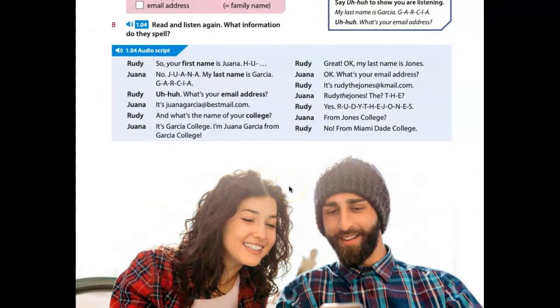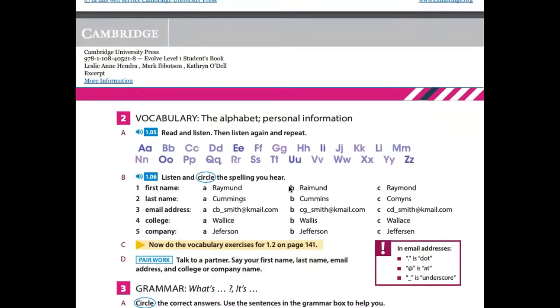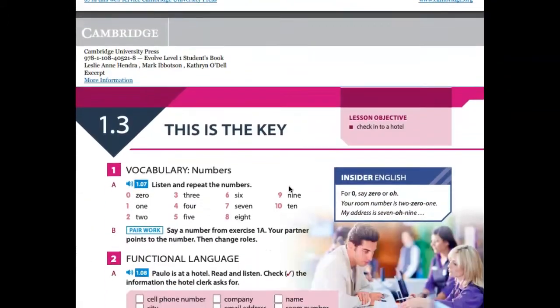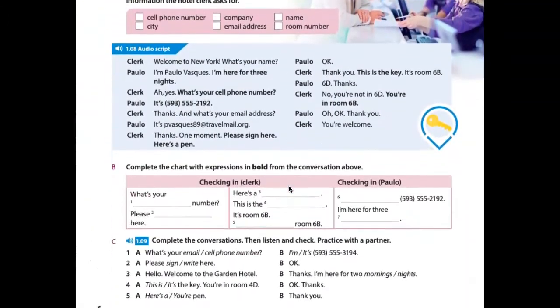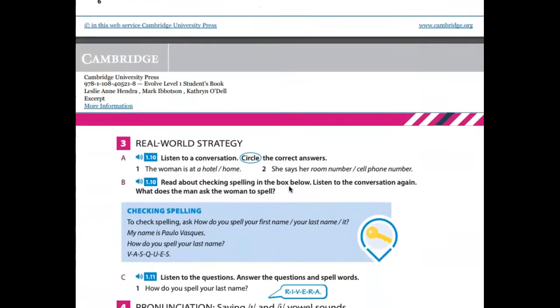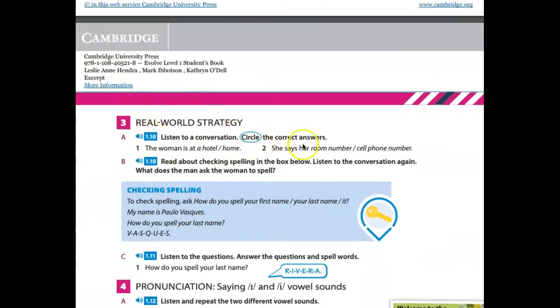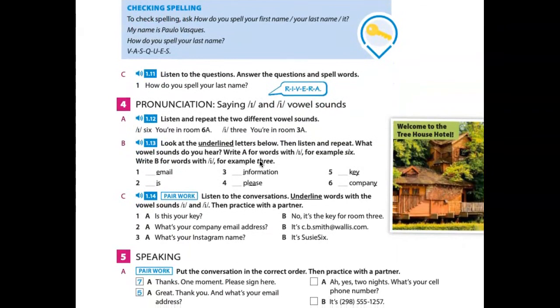People spelling out their names. Okay, here, real world strategy. Listen to a conversation. The conversation takes place in a hotel. So, how to check in, etc.